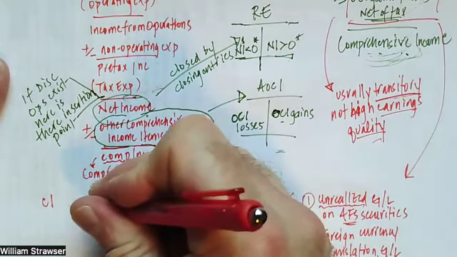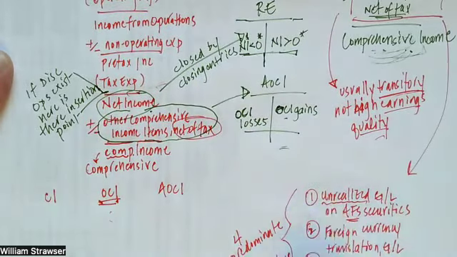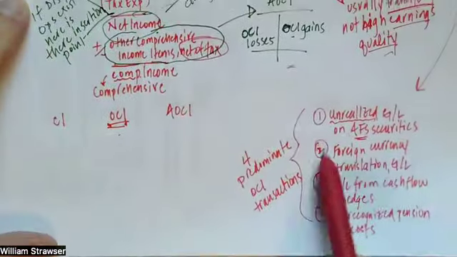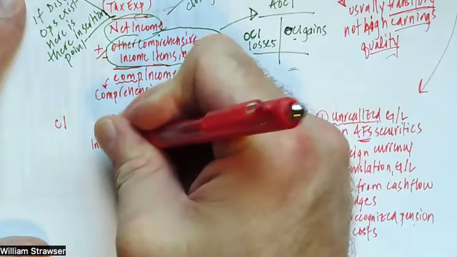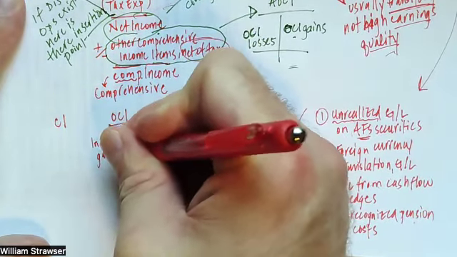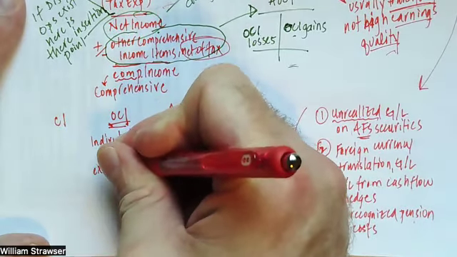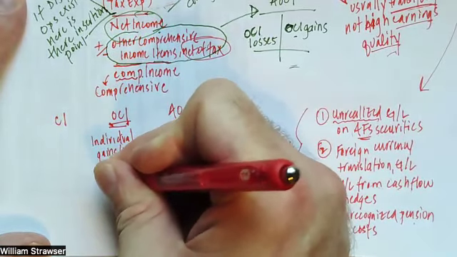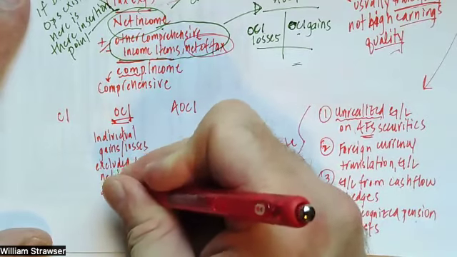So to me, it really all starts off with OCI. These are those four transactions. These are individual income items, individual gains and losses, excluded from net income due to volatility.